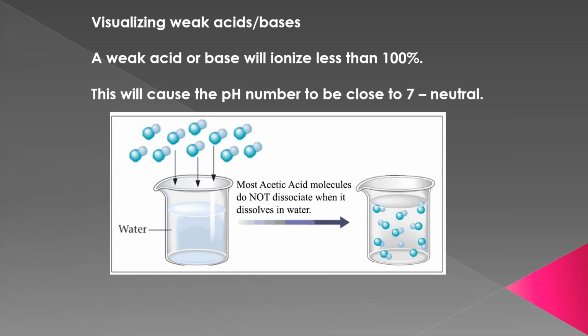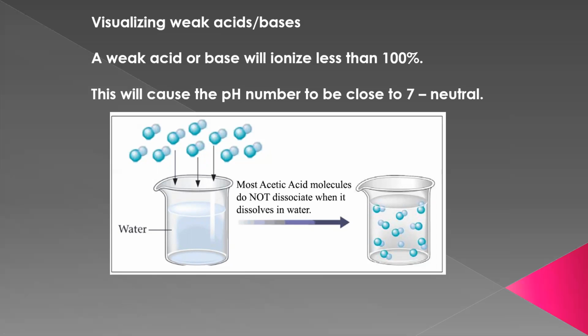As you continue to explore the idea of pH, you're going to see strong acids and strong bases are obviously far away from neutral. I hope that makes sense. So weak acids and weak bases are relatively close to neutral. I hope that makes sense.